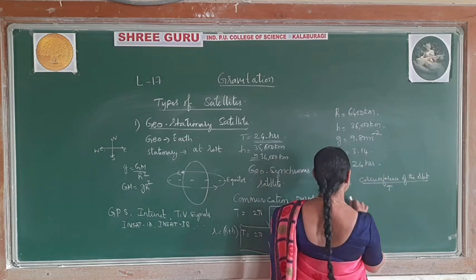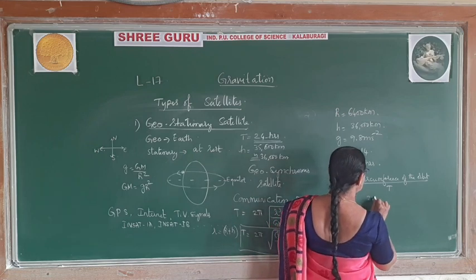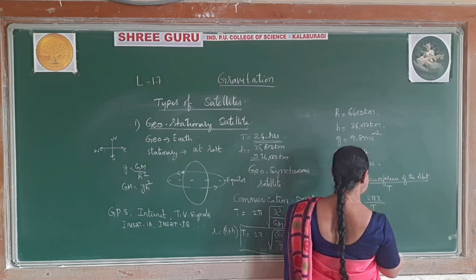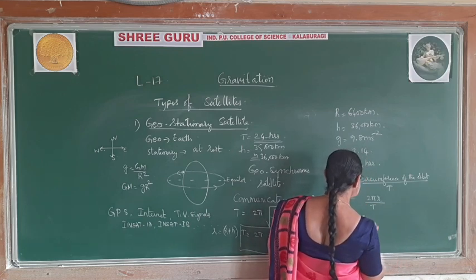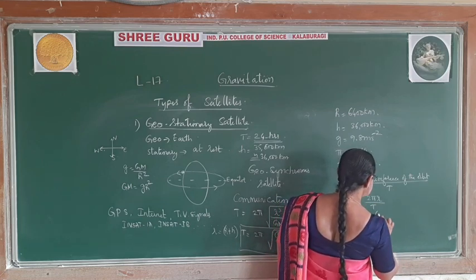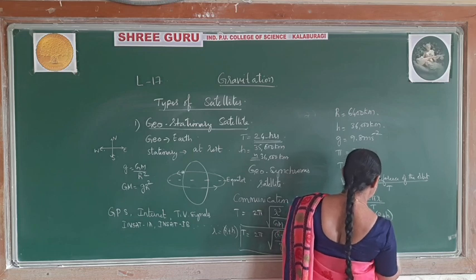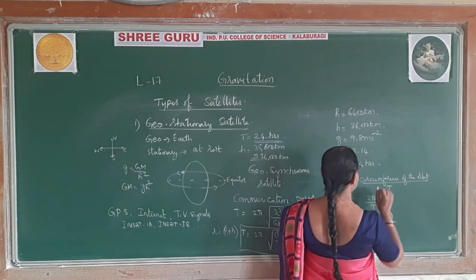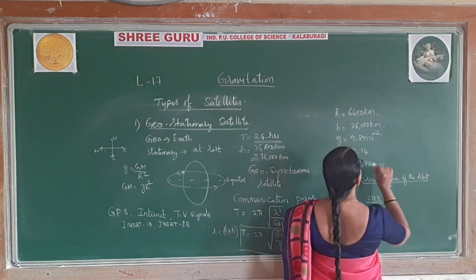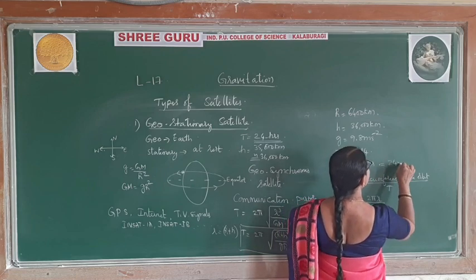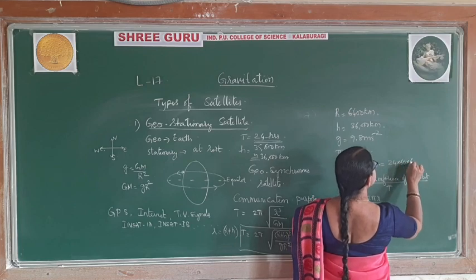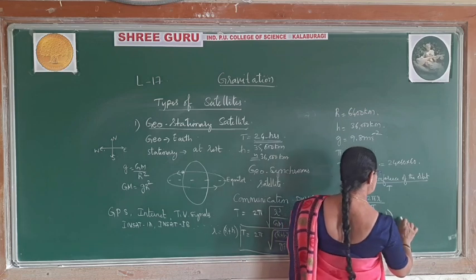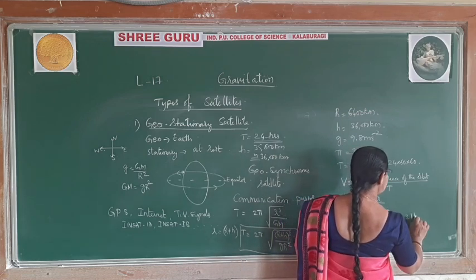Circumference means 2 pi r, here small r, divided by capital T, but I rewrite this as 2 pi, that is r plus h, divided by T. T is 24 hours, which can be written as 24 into 60 into 60. So if you substitute this, you get 3.1 kilometer per second.